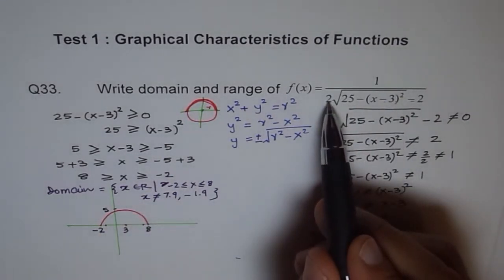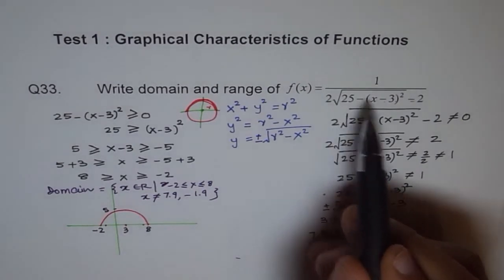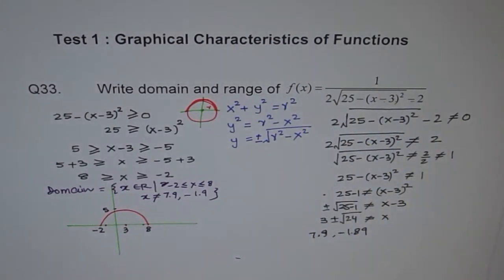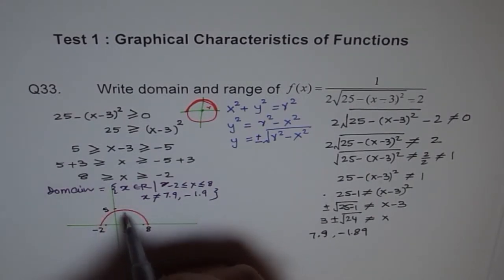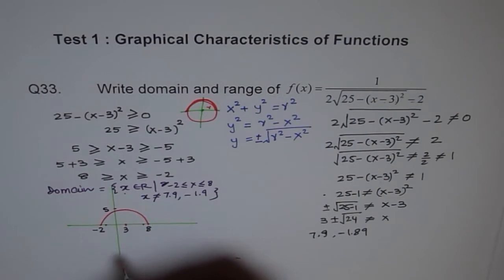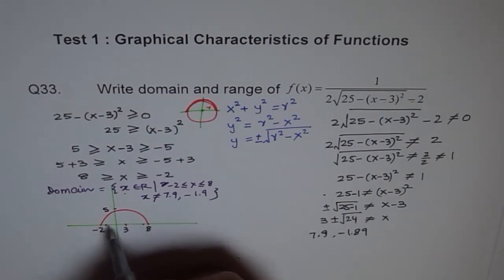I need to stretch it by a factor of 2 and move it 2 units down. So if I stretch this by a factor of 2, then what do I get? This point 5 comes at 10, right? And all these points, but 0 times 2 will be 0.